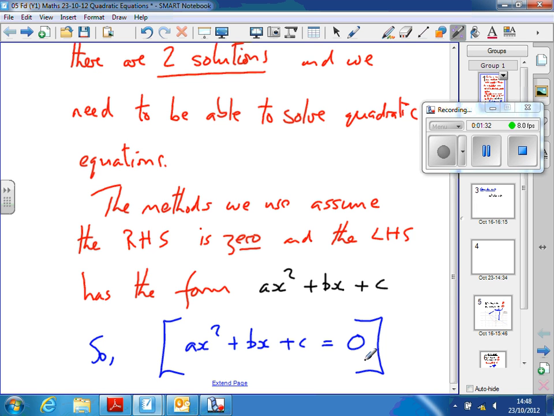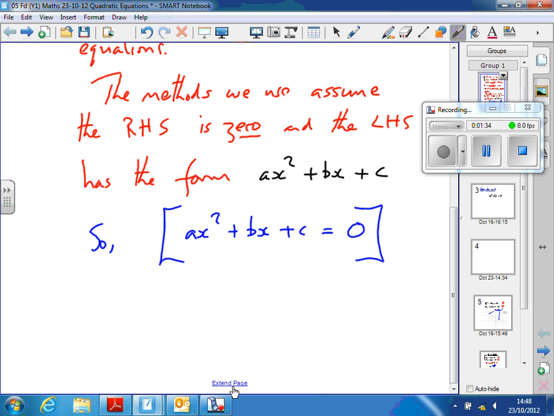And all this is saying is that generally there may be a term involving x squared, in which case there will be a number in front of it. If it's just x squared on its own, that means the number in front of it is 1. So a is 1. There might be a term involving x, in which case there'll be a number in front of that, a coefficient of x, which could be 1 or any value.